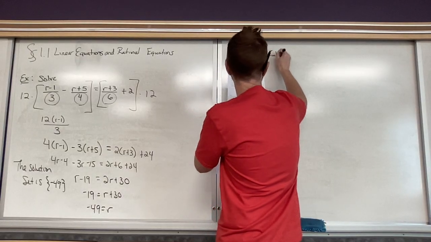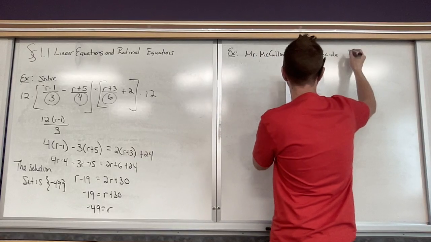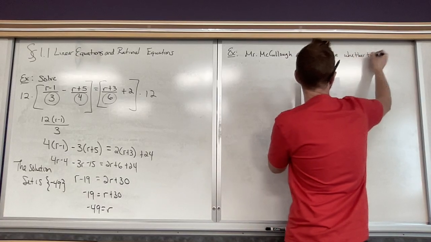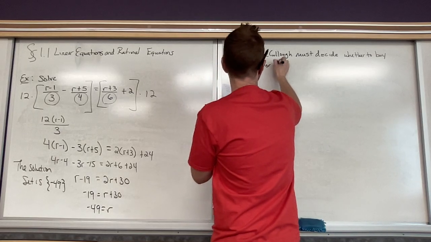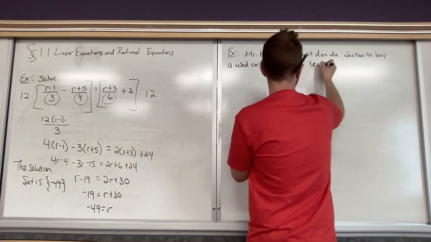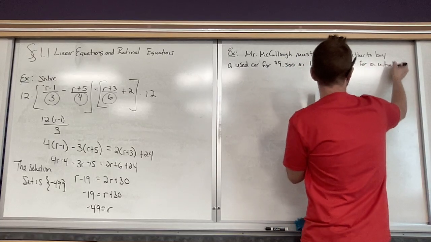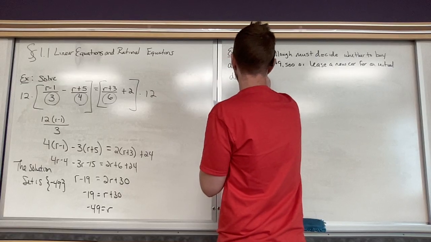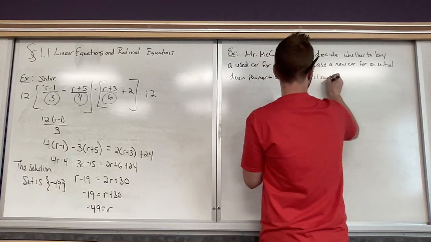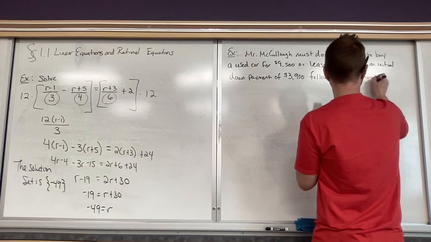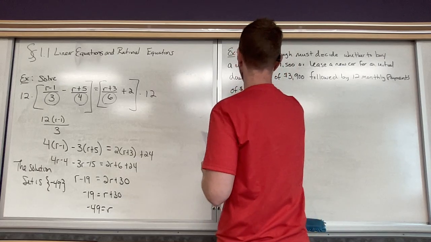So Mr. McCullough must decide whether to buy a used car for $9,500 or lease a new car for an initial down payment of $3,900, followed by 12 monthly payments of $200. Okay?